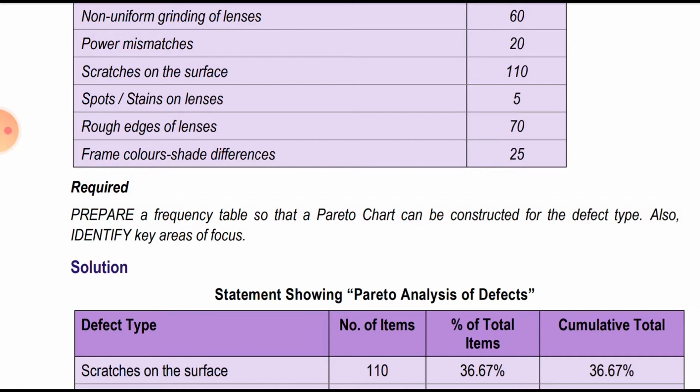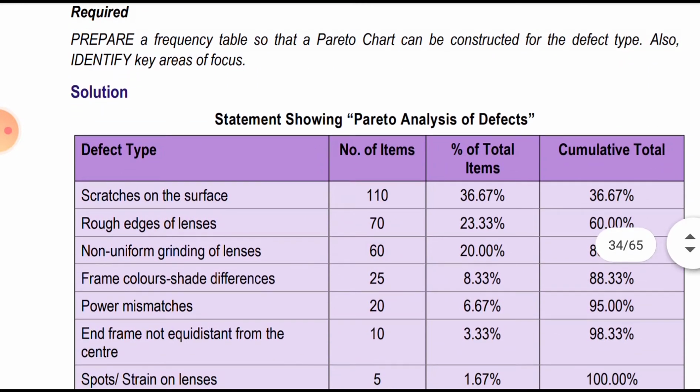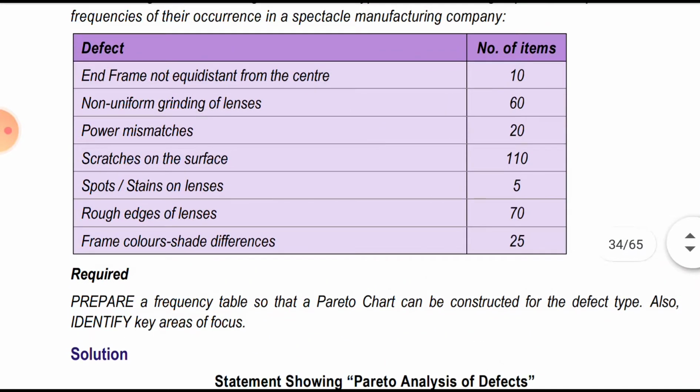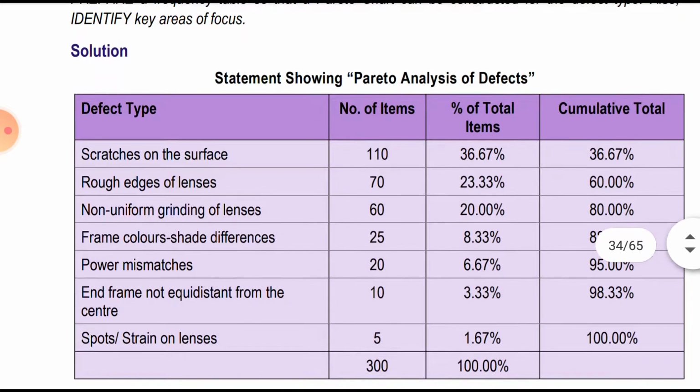What this Pareto analysis generally says is that we have to concentrate on the 20% which gives 80% of the result. First, we will arrange the number of units in descending order, from the higher number of units to the lower, and accordingly the defect types also have to be set that way.